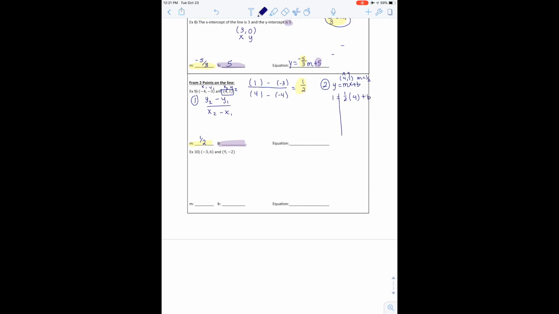Now I have an equation where all I need is b, so I can solve for b. In order to solve for b, you first need to do this 1/2 times 4. That gives you 2. Bring down plus b equals 1. To get b alone, you need to move the 2, so subtract 2 from both sides. Now we have b by itself. 1 minus 2 is -1.